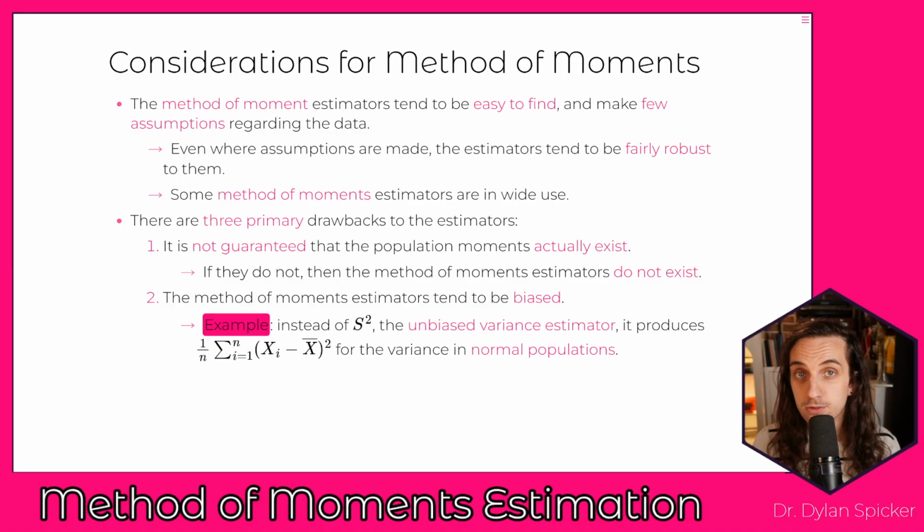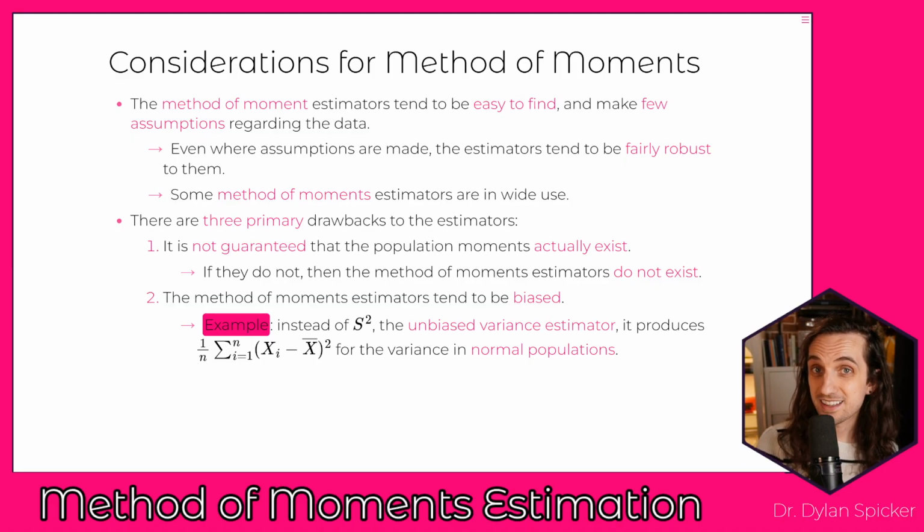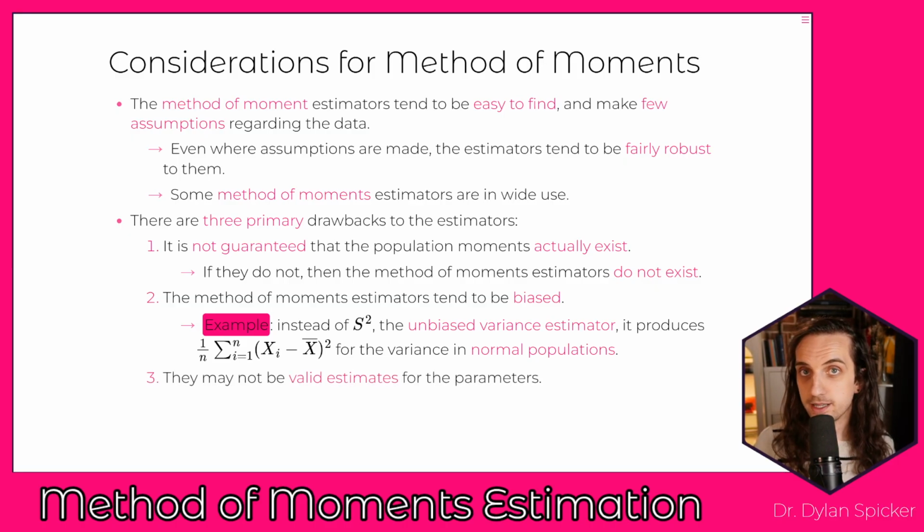However, if you look at what the method of moments estimator is for the normal variance, you get 1 over n times that variance term. And so that is going to be a biased estimator of the variance. Now, again, sometimes taking biased estimators is totally okay, right? Sometimes they're actually going to perform better, but it does mean that we don't get this property, which is very often a desirable property.